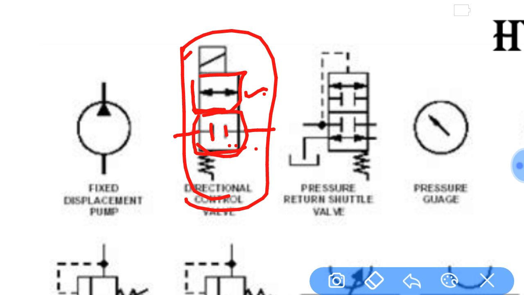For better understanding, you can see other types of direction control valve, or I'll cover this when I make a video on direction control valve. There I'll cover these things in detail.